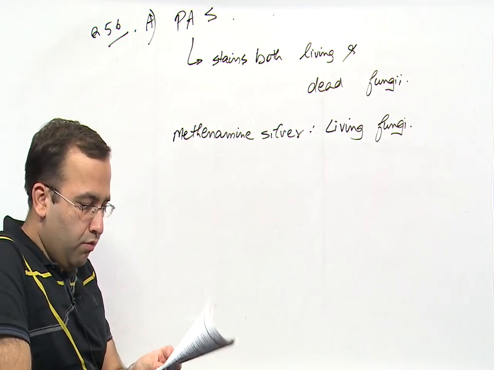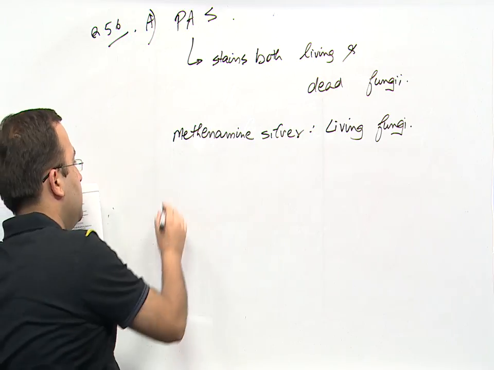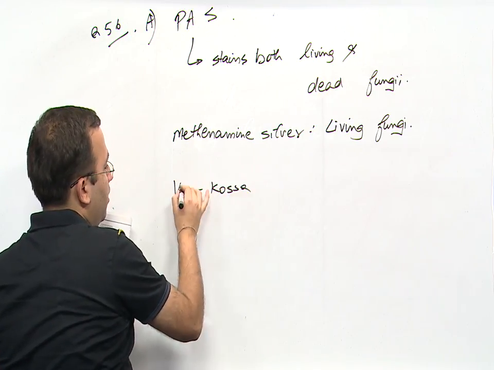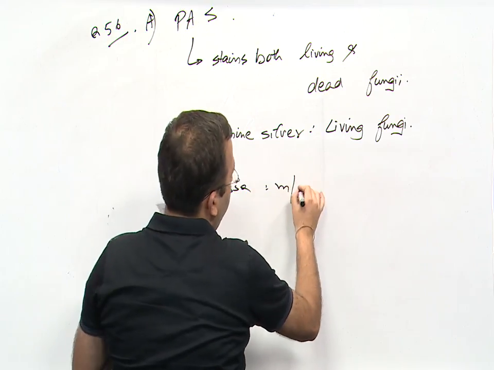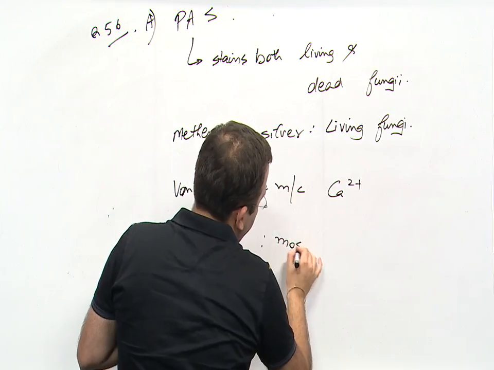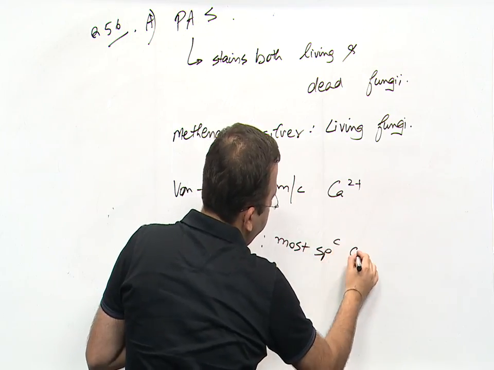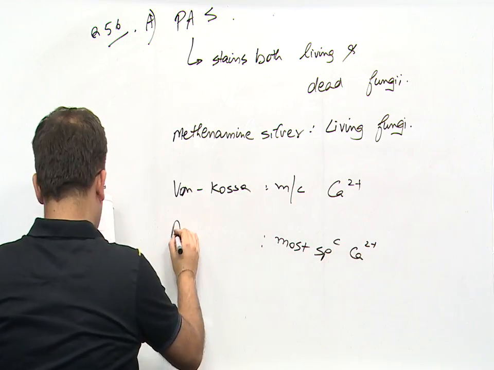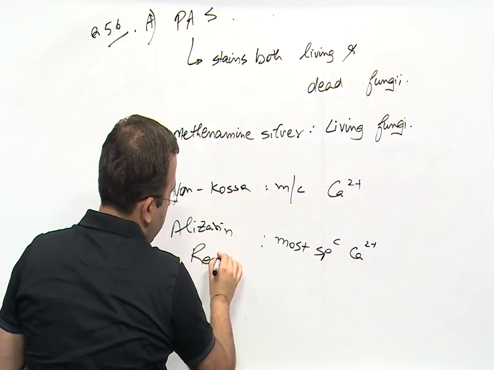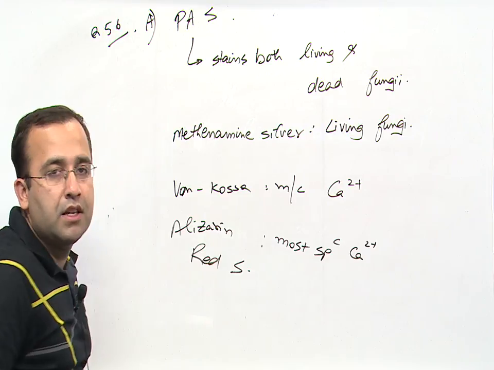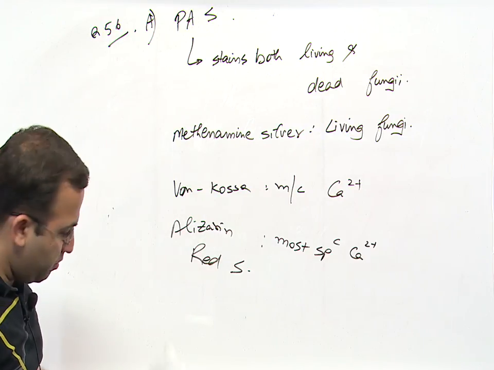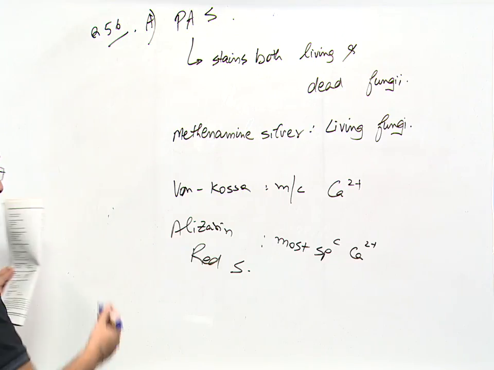We already know von Kossa and alizarin red. Von Kossa stain is most commonly used for calcium, whereas most specific for calcium is alizarin red stain. So last point, another option is Masson's trichrome.